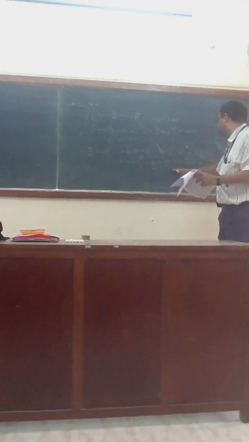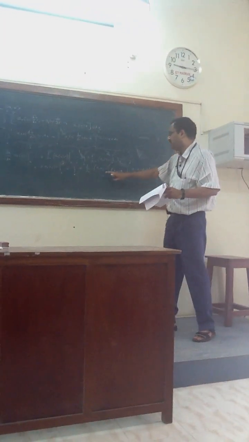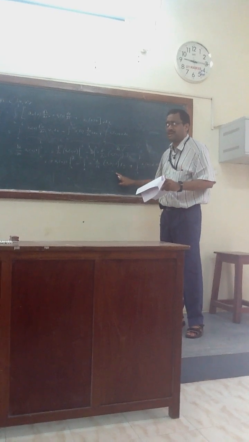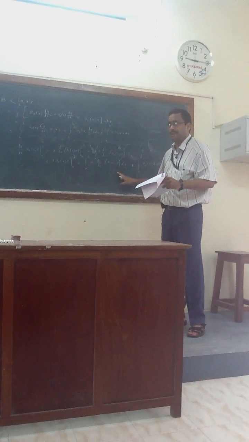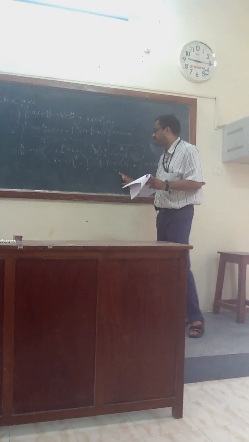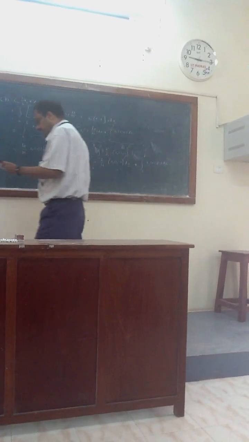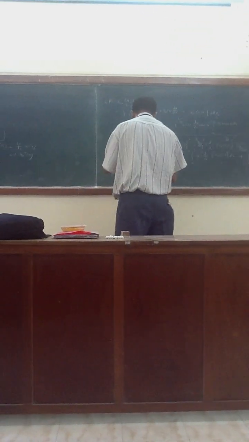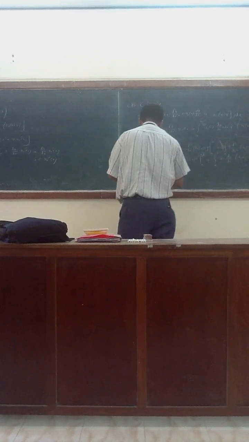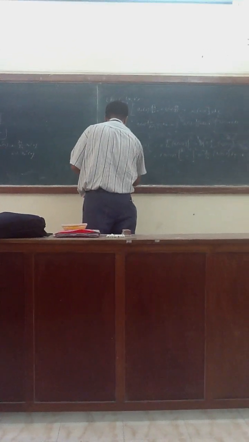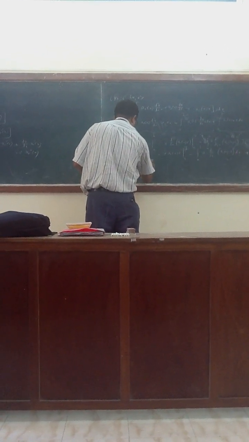Similarly, this term has two terms, right? a1(x) b' plus b a1'(x). So finally, what do you get? You get the JUV.